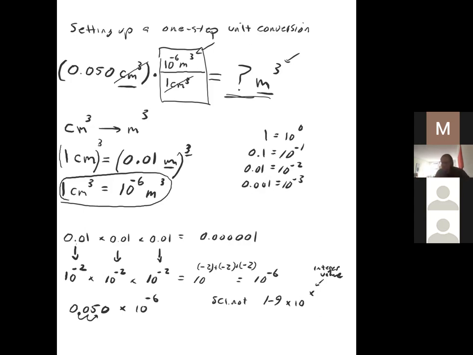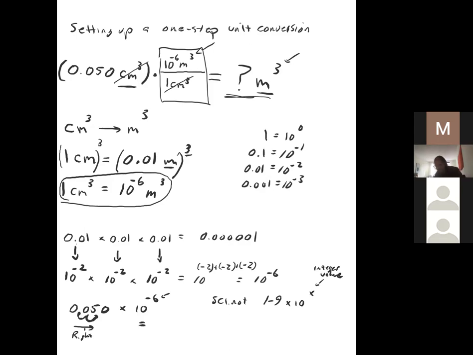The rule of thumb I gave a couple weeks ago was LIP, right? If you move the decimal point to the left, the exponent becomes positive or more positive. If you move it to the right, it becomes more negative. Since we're moving it 2 places to the right, the exponent becomes more negative by 2.